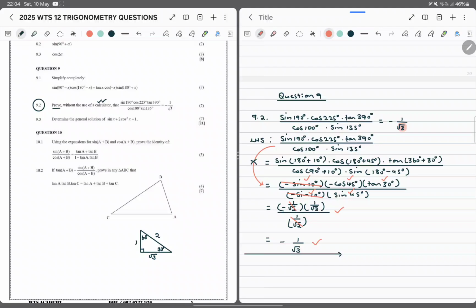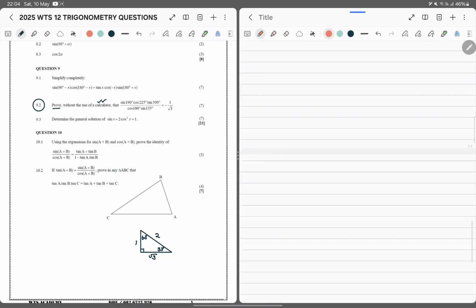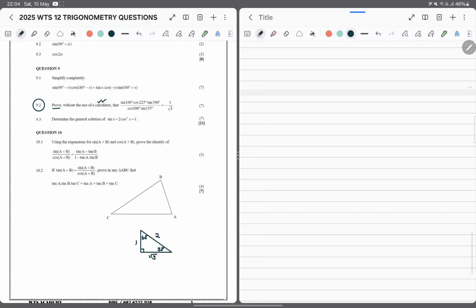Okay, so we've got some more identities on question 10, which we need to look at. Of course, guys, we're going to do as many as we can. I'll try to use an hour at least to 2, so that you can get the hang of it. Now it says, using the expression for sine a plus b and cos a plus b, prove the identity.